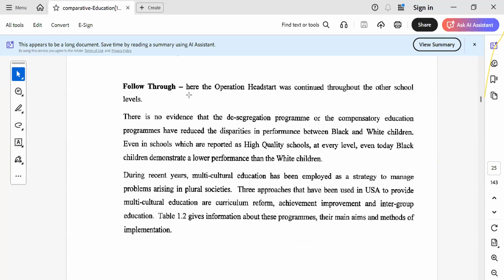The children learn a lot of languages, a lot of attitudes, a lot of cultural exchange, right? So during recent years, multicultural education employed, right? Three approaches that have been used in the USA to provide multicultural education are curriculum reforms, achievement improvement, and intergroup education.